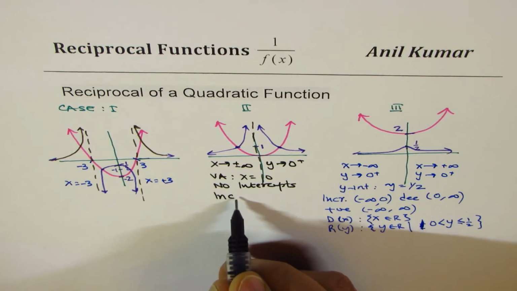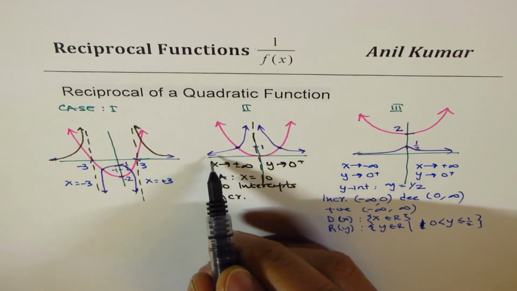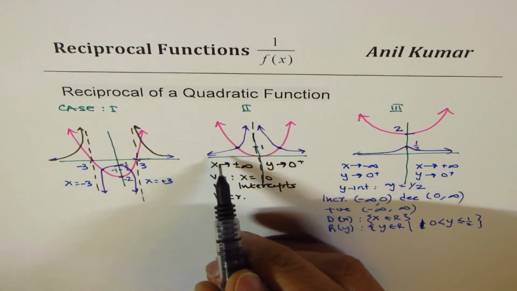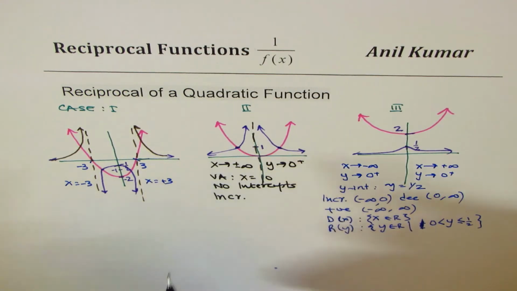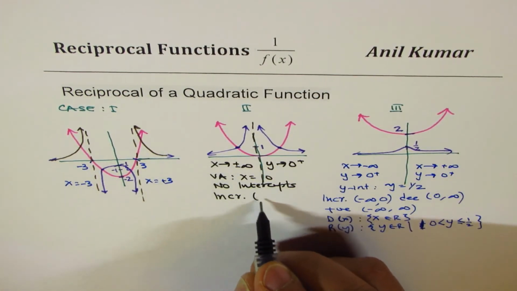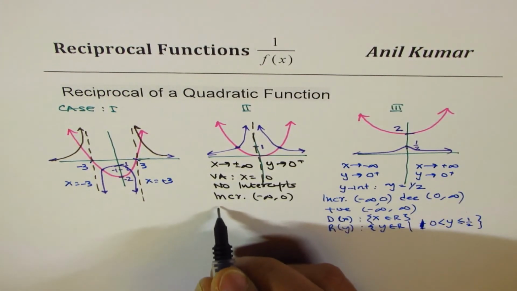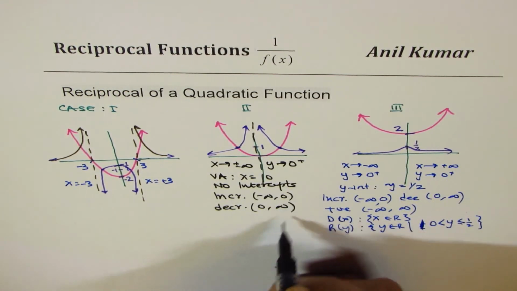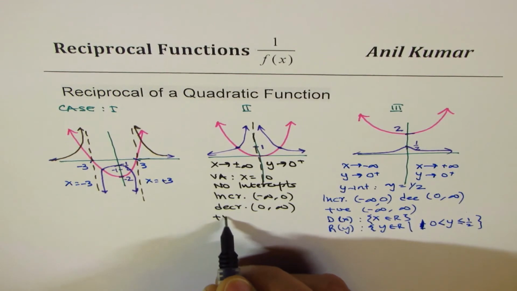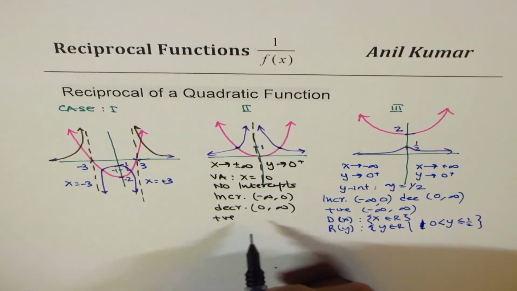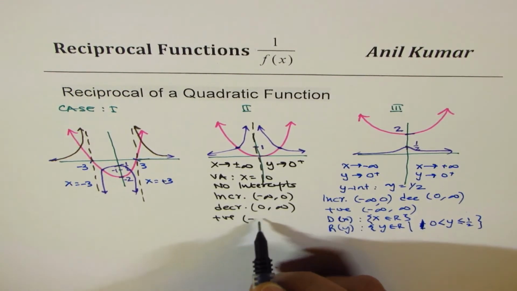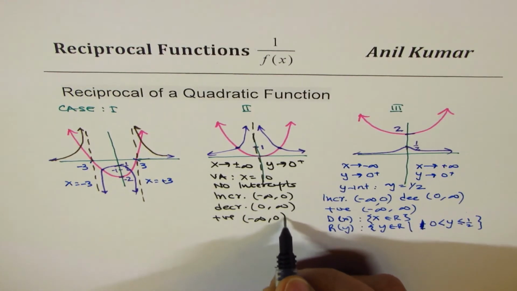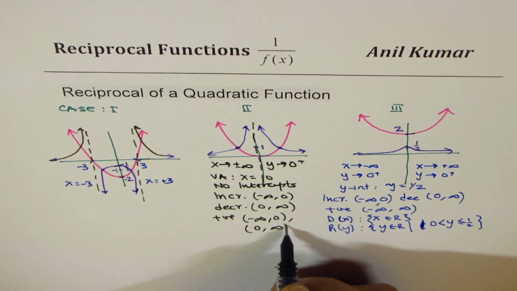Increasing interval: so it is increasing all throughout in quadrant 2, right? So that is to say from minus infinity to 0, and it is decreasing from 0 to positive infinity. It is positive, or greater than 0, from negative infinity to 0 and from 0 to infinity.